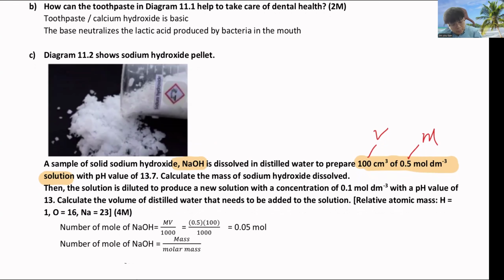Then what they want is the mass. Then you put in your number, which is 0.05 mole. Then Na is 23, O is 16, then H is 1.